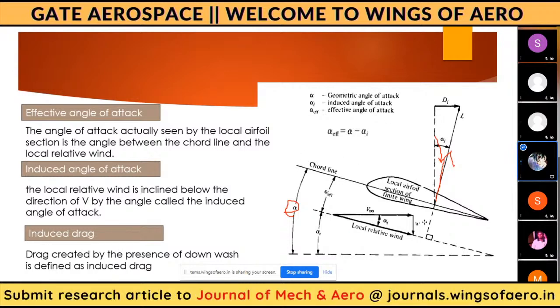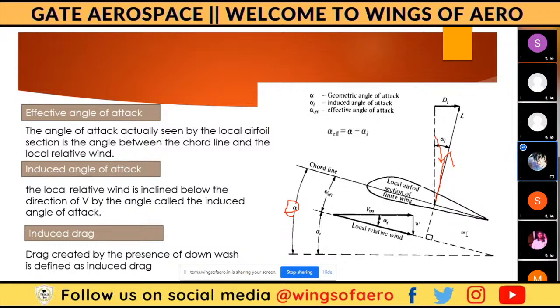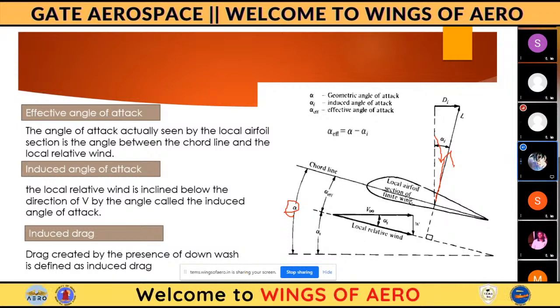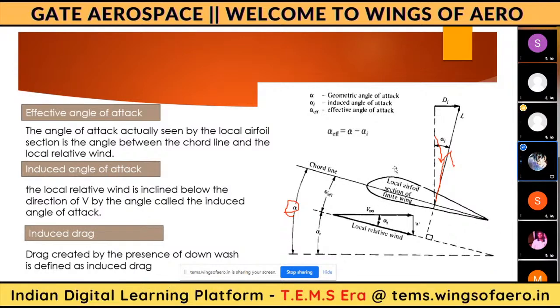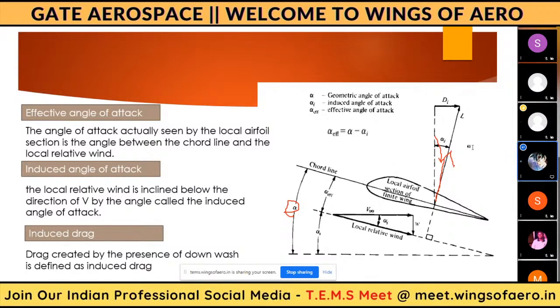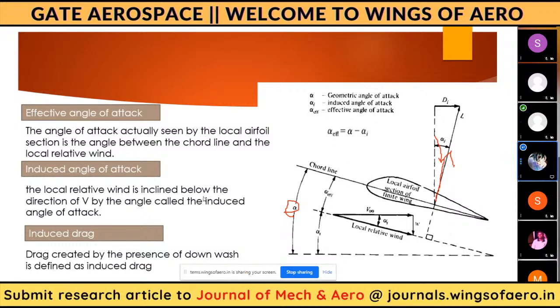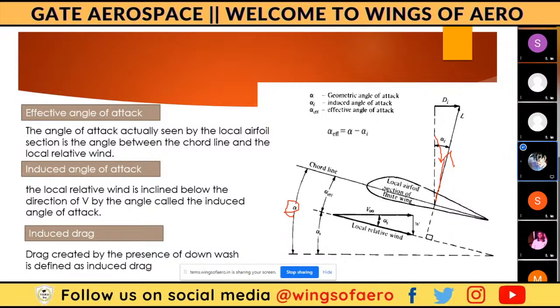But it is somewhat tilted now, tilted at some angle. That angle is called the induced angle. Because of the induced angle only, this lift is somewhat tilted back. The induced drag comes because when lift increases, automatically there will be some drag because of this particular lift. That type of drag is called induced drag due to lift. All these things come from this induced angle of attack only.